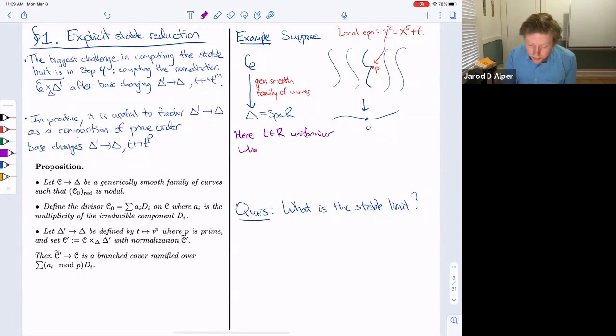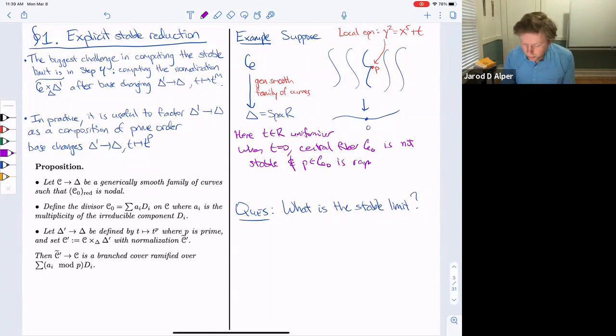So when t is 0, the central fiber, C0, is not stable, and P is a singular point. It's called a ramified cusp, like a higher cusp.